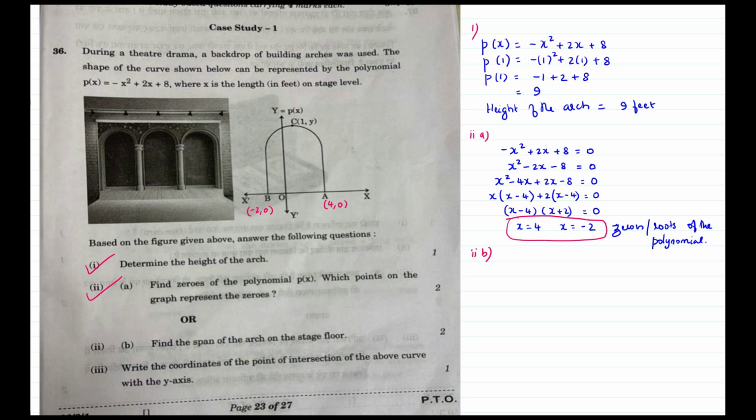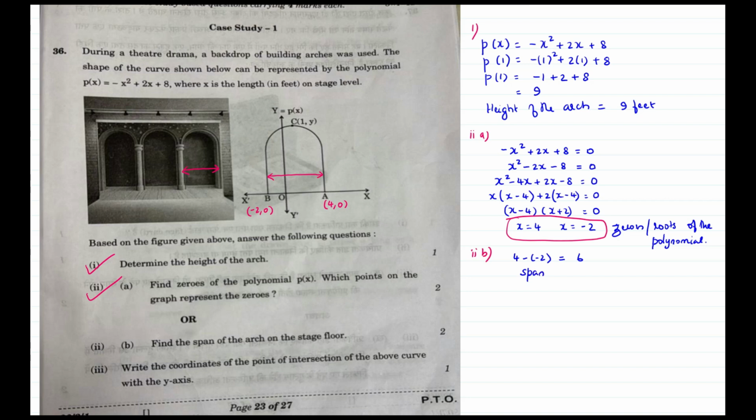Now what it says in the next question is, find the span of the arch on the stage floor. Span means the maximum width. From the diagram you can see that if you subtract these two x values, you will get the span. So 4 minus of minus 2 is equal to 6.